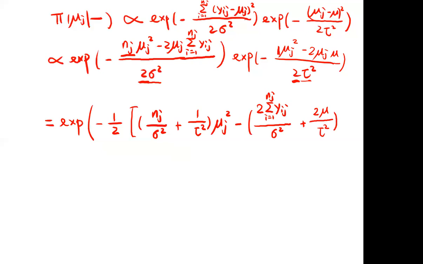This is the constant that I have in front of mu j. And I think now I'm done. So this is minus, I have this bracket and then a closing parenthesis.